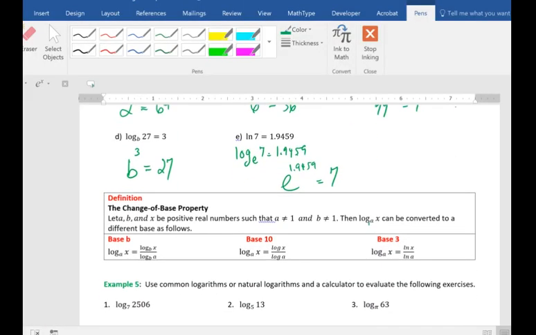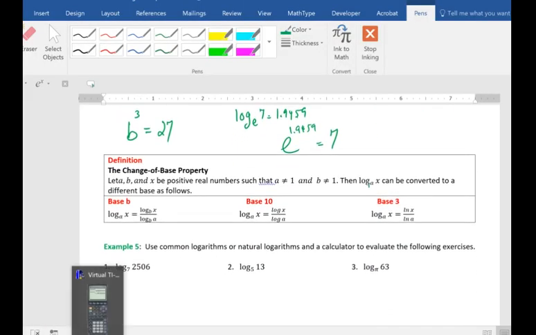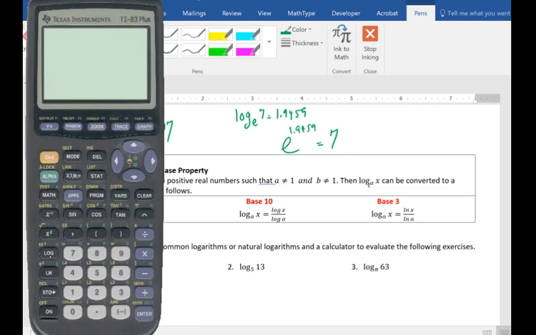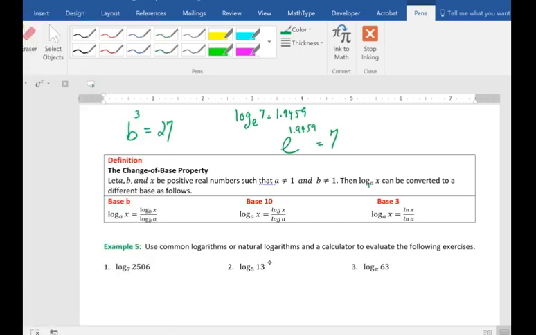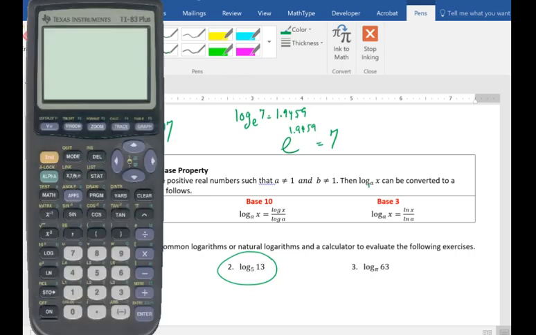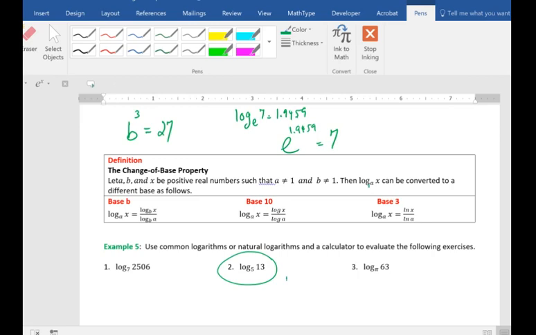Okay, so earlier I mentioned that the calculator has this log button here. However, that is only for base 10. So if you had something like this problem, since it has a base 5, we cannot use this calculator. There are some calculators that have the key that looks like this.